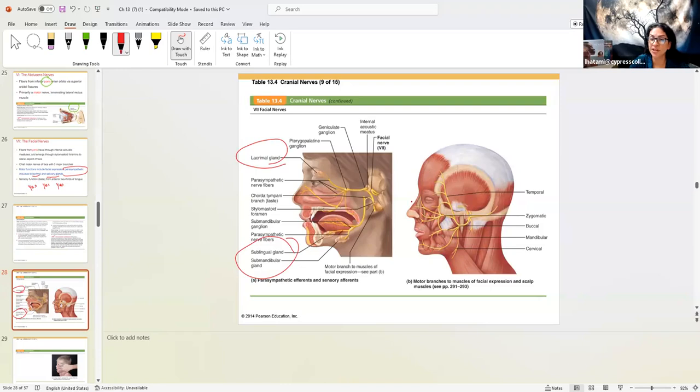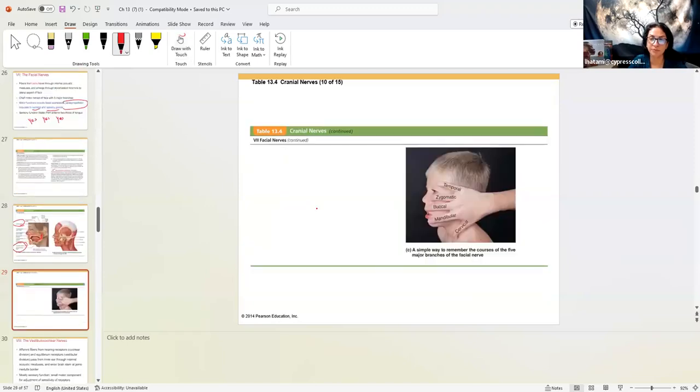As you can see here, all the facial expression muscles are going to be innervated by the facial nerve. And also it's going to carry the sensory information about the taste from our tongue to the brain. So it's a mixed nerve, sensory, motor, and it's also going to carry parasympathetic fibers.